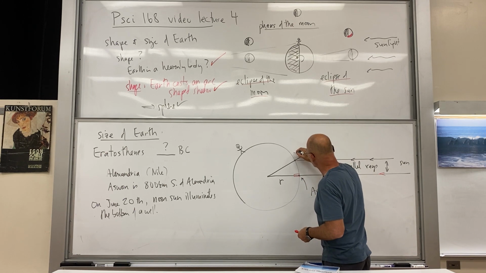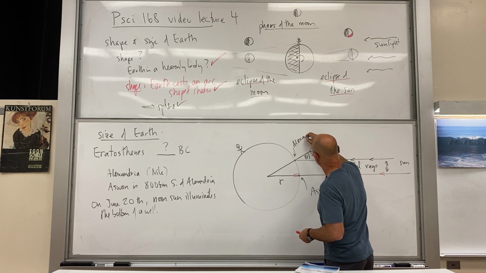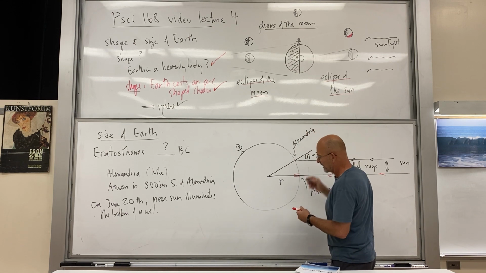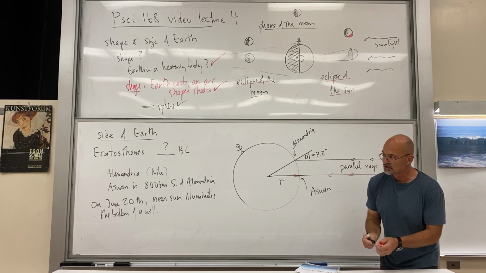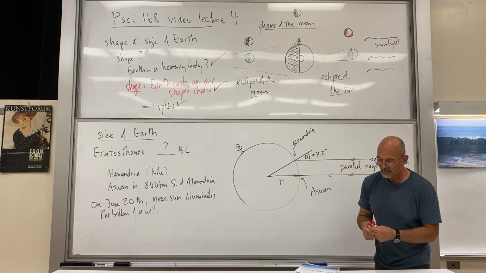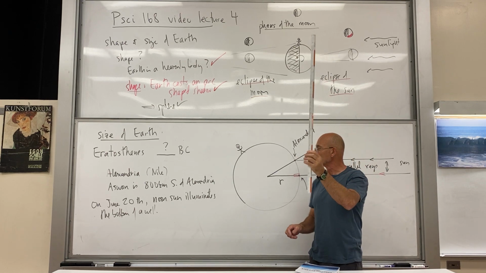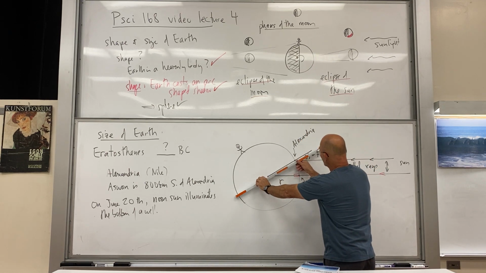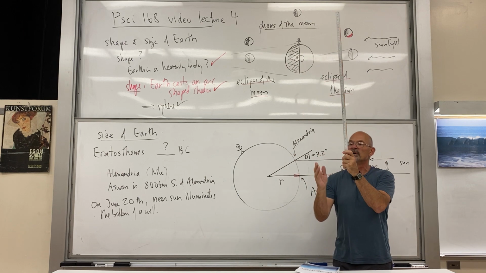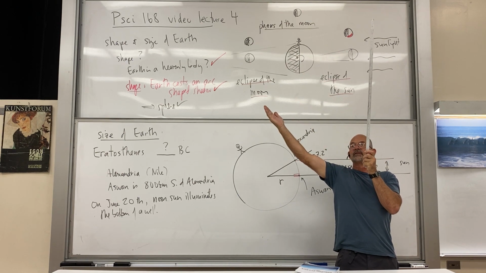This is Alexandria. Now, how does he measure that angle? There are a number of ways, but I just wanted to show what this angle means. If straight up and down is my ruler, then the angle to the sun is this one here.